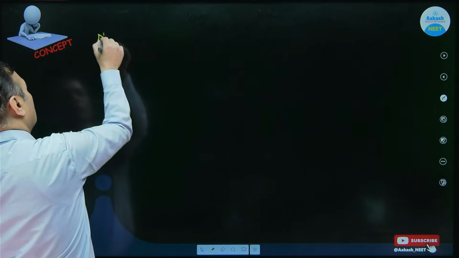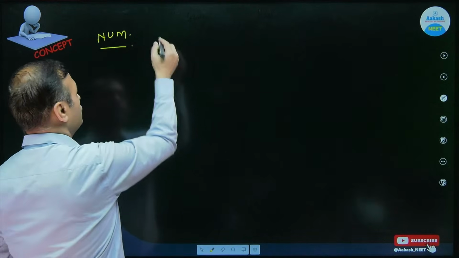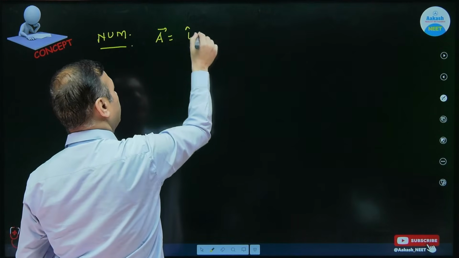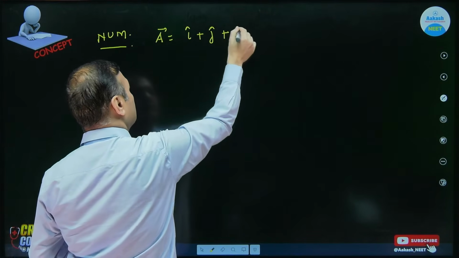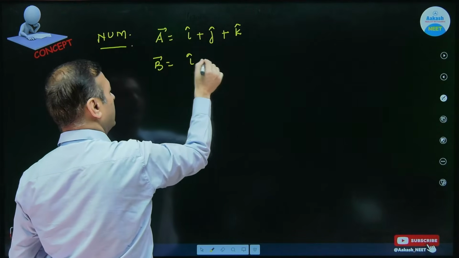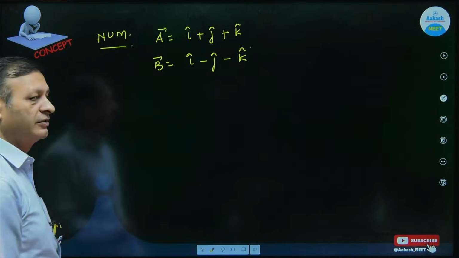Now let's pick one more numerical we have. Now let's suppose we have vector A as I cap plus J cap plus K cap and vector B as I cap minus J cap minus K cap. Got it?